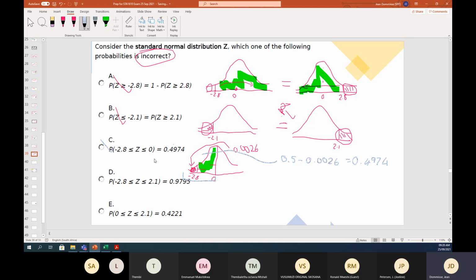Then from there, we know that half of the probability under the normal distribution is 0.5. So if we sit with that, 0.5 minus 0,0026 gives us 0,4974.